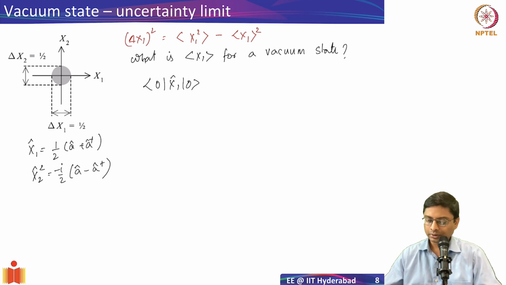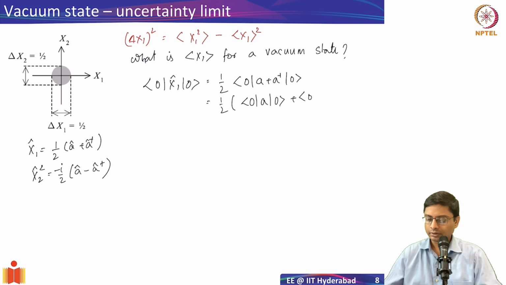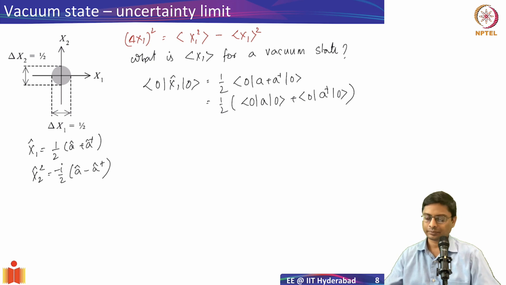So what is this equal to? This will be half <0|(a plus a dagger)|0>. Now I can write it as separate terms: half (<0|a|0> plus <0|a dagger|0>). How much are these brackets? If a dagger operates on 0, it's a raising operator, the creation operator, so it creates one photon.